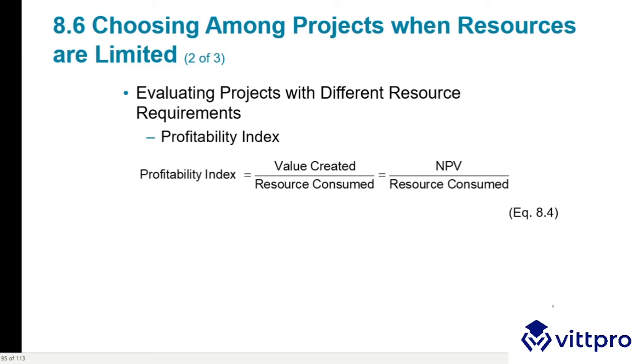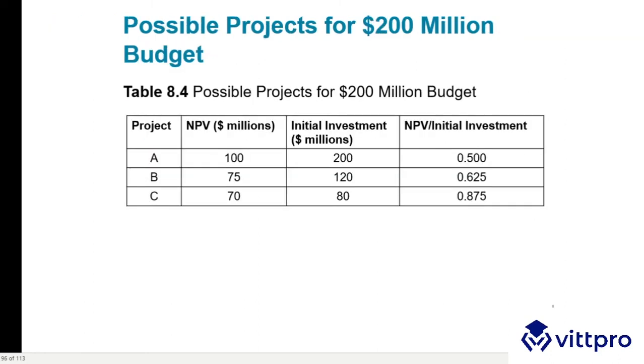Or if the limiting factor is, let's say, the resources, we're going to look at one example to show that. In that case, we will calculate a profitability index for each option, and then we choose whichever can maximize our resources. In this example, there are possible projects for a $200 million budget.